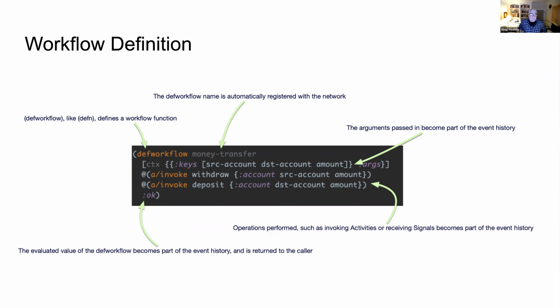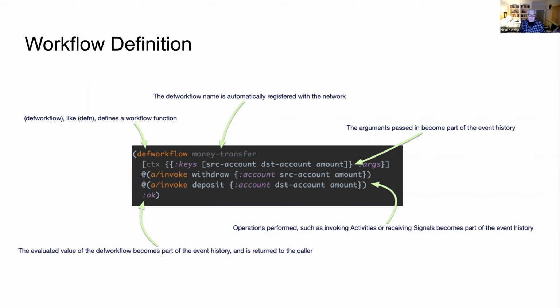So a couple of key points to highlight. I mentioned it before, but calling it out here, one of the things that's magical about Temporal is that inputs and outputs automatically become part of your event history. So if someone were to invoke this particular workflow, you can see here, it's a silly example for a money transfer example. And it has 3 inputs passed in for source account, destination account, and amount. So if someone were to invoke this workflow and they specified the source account, destination account, and amount, those become part of the event history automatically, right?